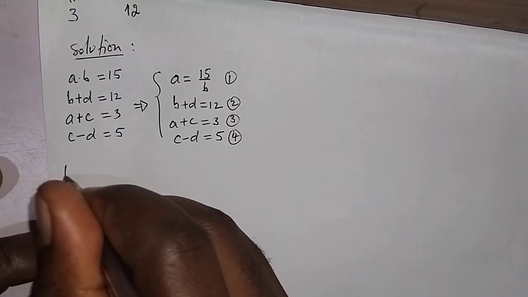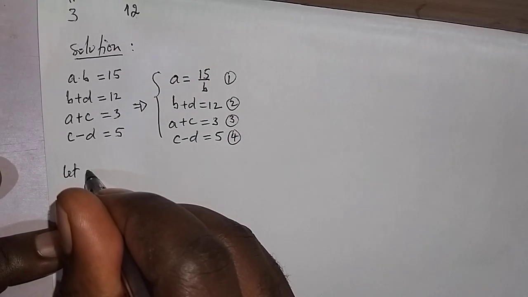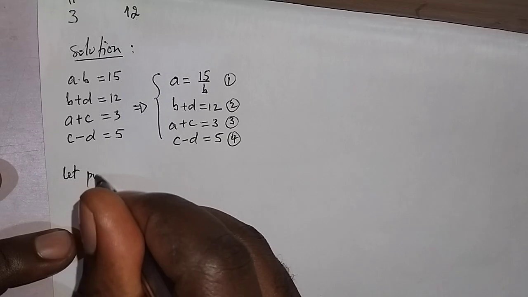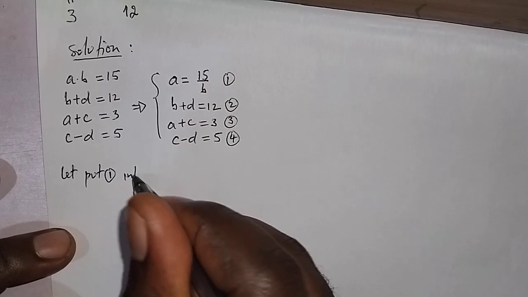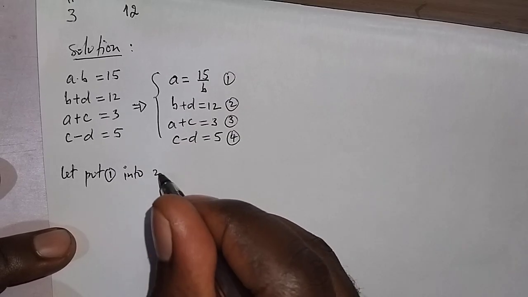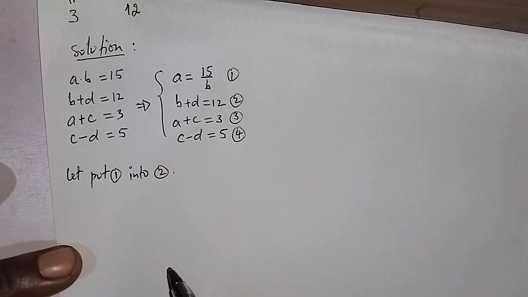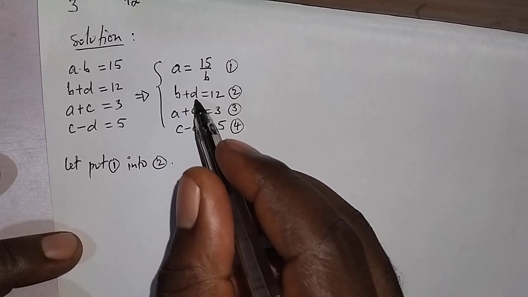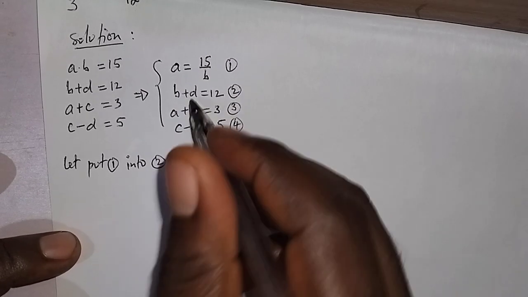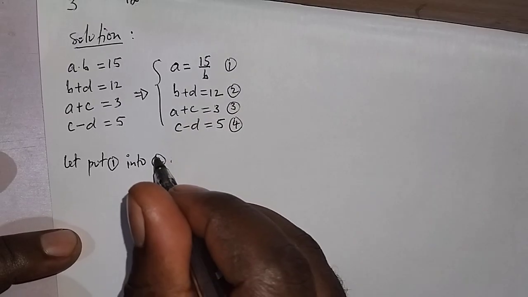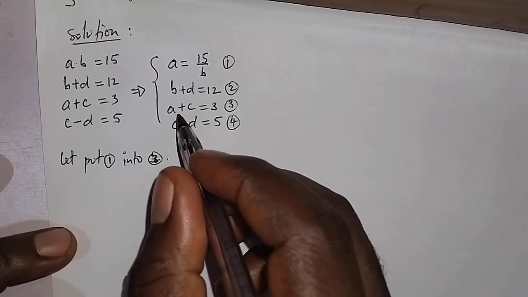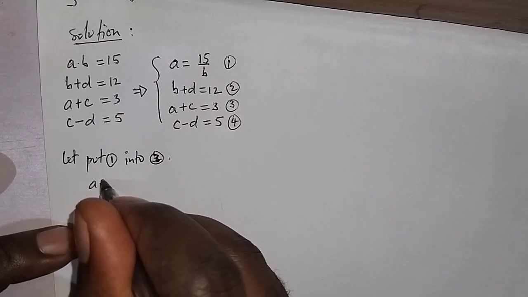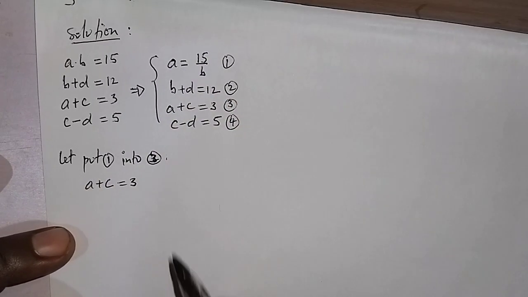So let us put equation 1 into equation 2, B plus... into equation 3. A plus C is equal to 3.